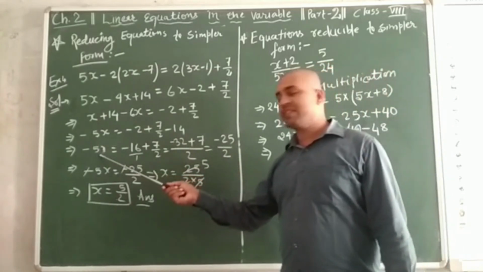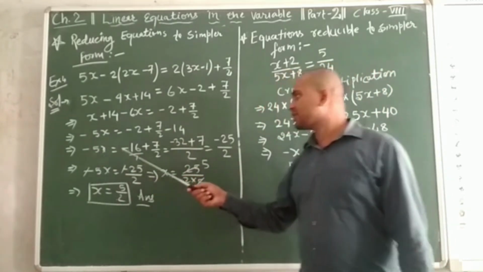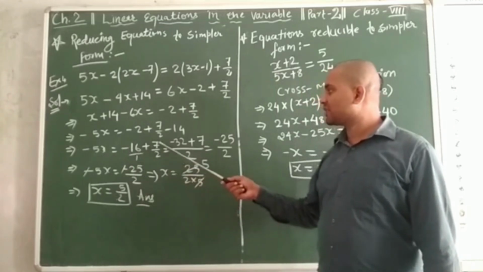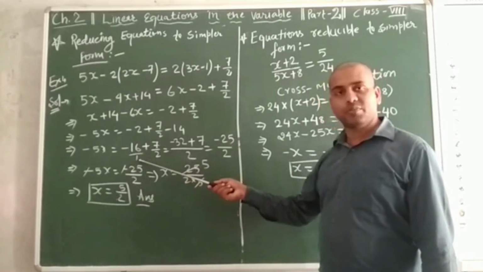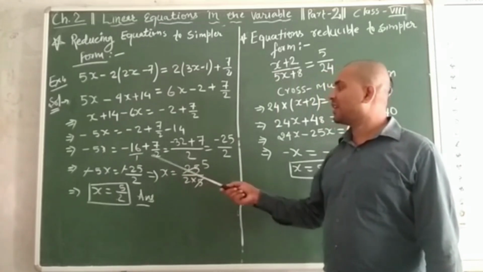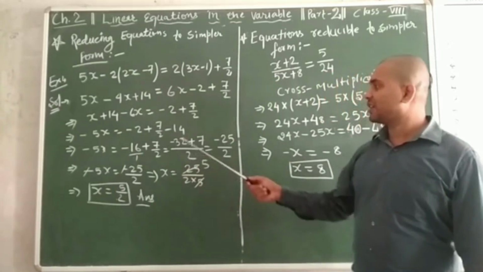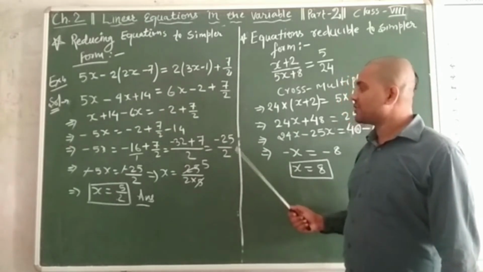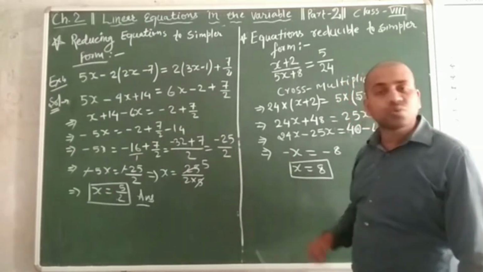In the next step you can see minus 5x equals minus 16 upon 1 plus 7 upon 2. Actually it is 16, so denominator 1, I have given 2. Take LCM of 1 and 2. So LCM is 2 only, and further after calculation we got minus 25 upon 2, dear students.